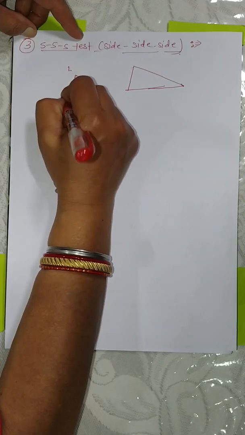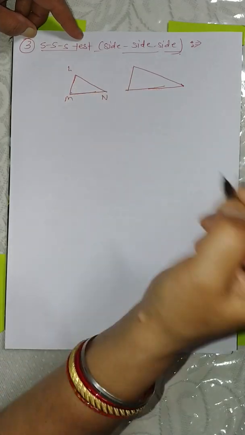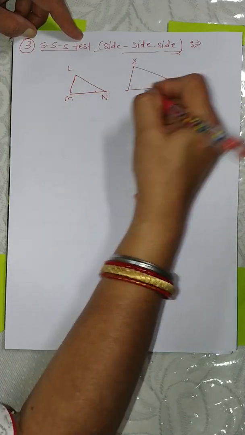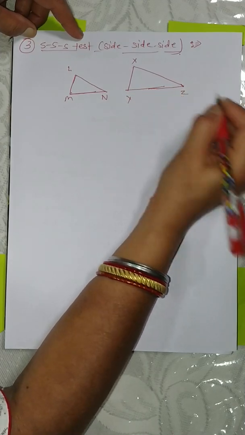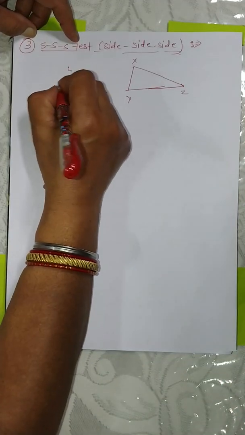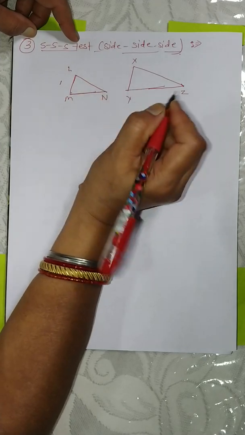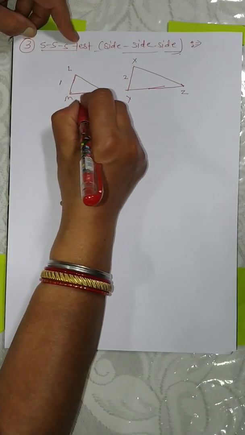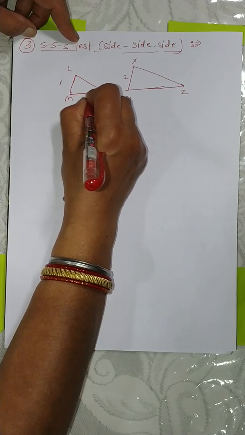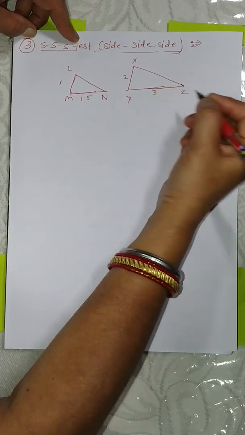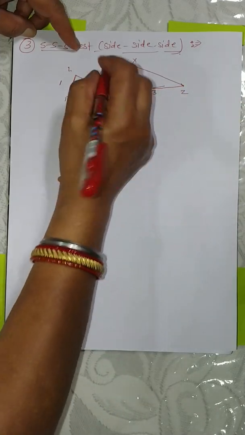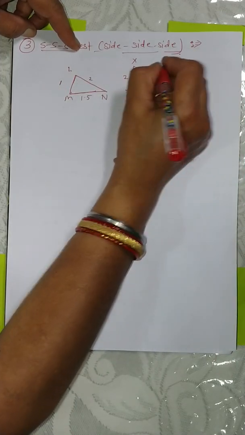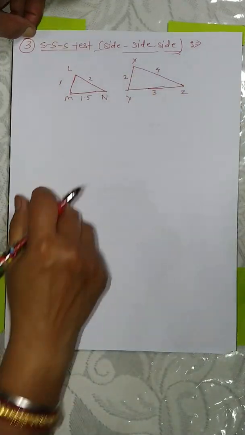Suppose it is LMN, and suppose it is XYZ. Now suppose this is 1, this is 2, this is 1.5, 3, this is 2, this is 4.